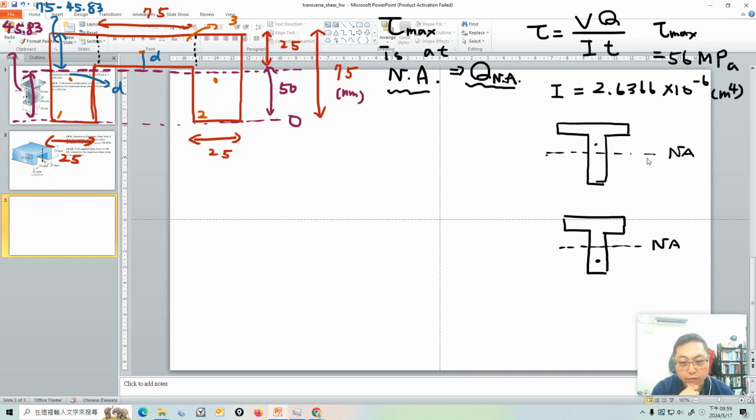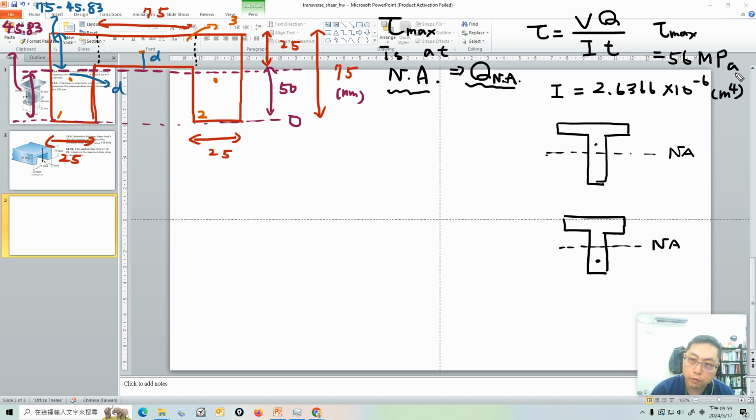In the previous video we said, if your point of interest is above the neutral axis, calculate the Q above the point. Listen once again.